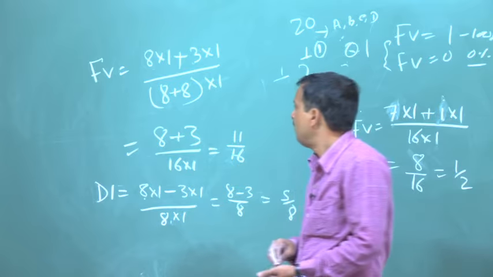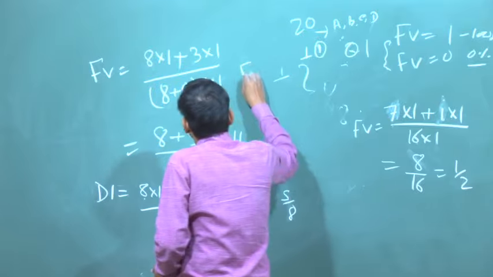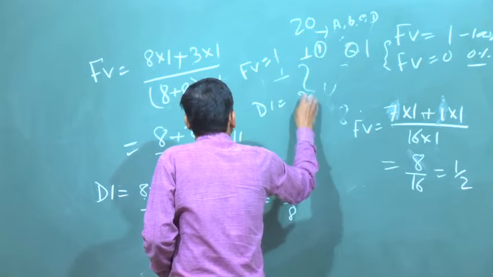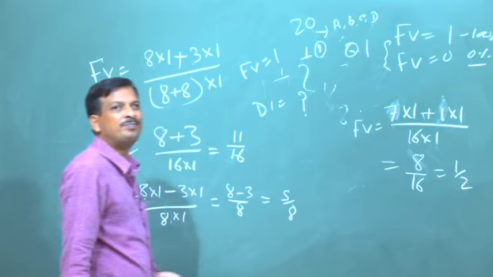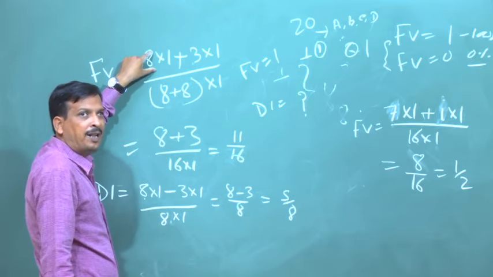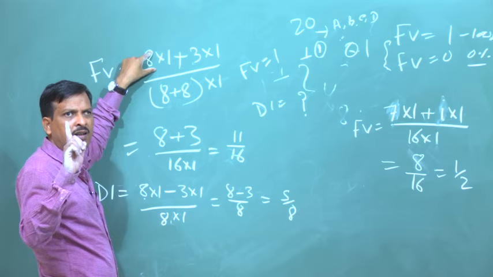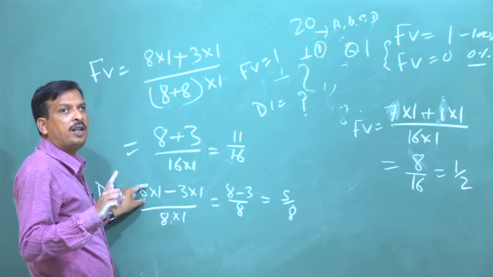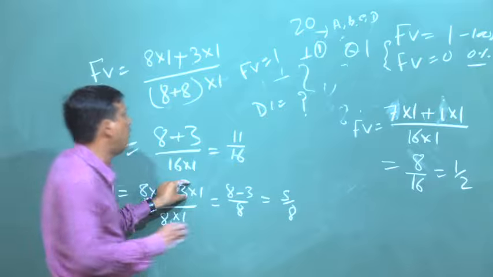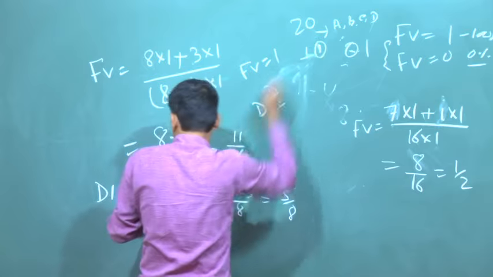Now, think: if the facilitation value is 1, what should the DI be? Facilitation value 1 means the total marks obtained by the upper group and the lower group are equal. So, the total marks obtained by the upper group minus the total marks obtained by the lower group is 0.